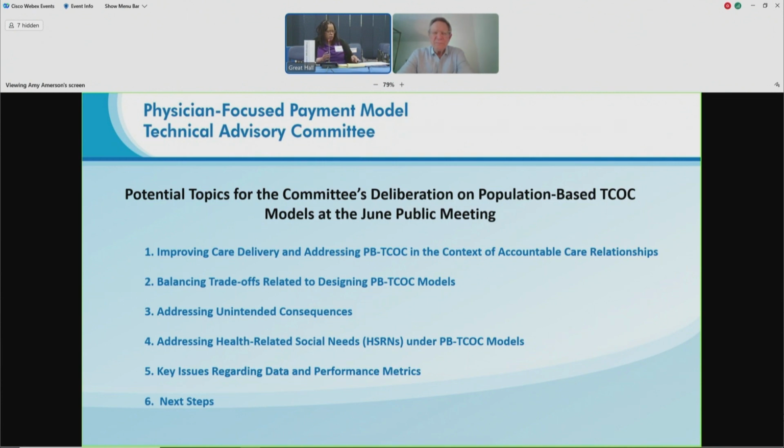Today, we heard one of our panelists say that if total cost of care is the top priority rather than quality, then there's a need to focus on the populations where we believe that we can achieve total cost of care reduction.